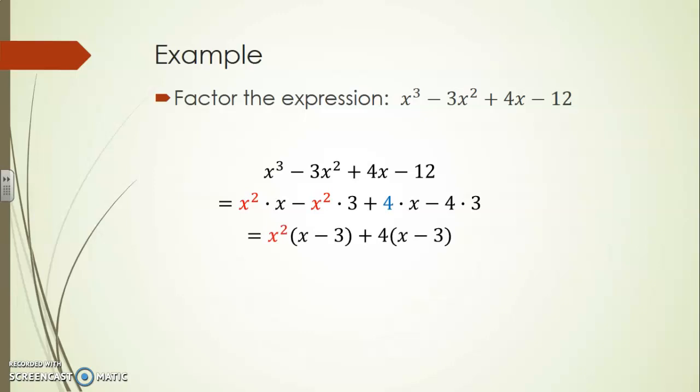So here we've extracted x squared, leaving x minus 3. We've extracted the 4, leaving the exact same x minus 3. And that's why factoring by grouping in this situation is successful, because now x minus 3 being common allows us to extract it as well, leaving x squared and plus 4 from the second pair.